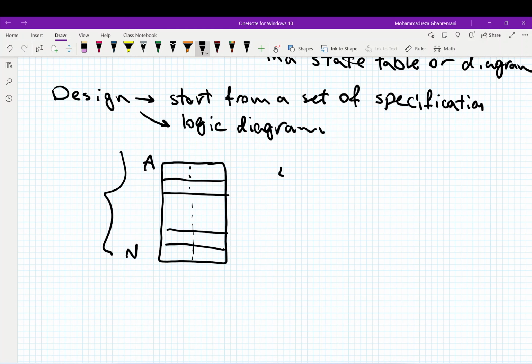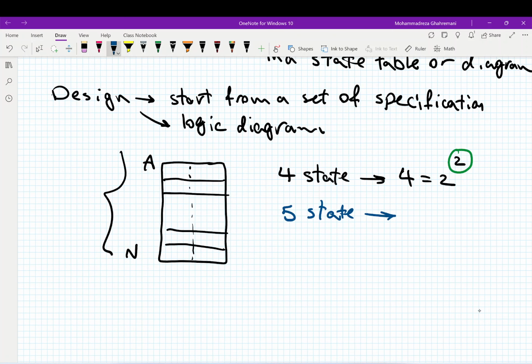If we have four states, we can implement these four states using two flip-flops. Why? Because 4 is 2 to the power of 2.